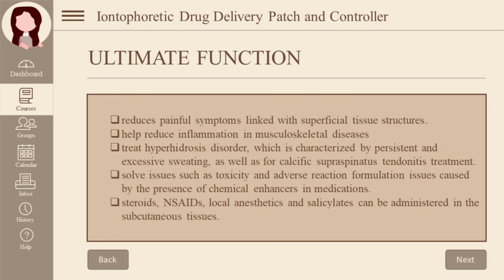Here are the functions of iontophoretic drug delivery patch and controller. It manages painful symptoms associated with superficial tissue structures by delivering anti-inflammatory medications deeper into the body's tissues. Iontophoresis is used to reduce inflammation that might be seen in musculoskeletal conditions such as lateral epicondylitis, medial epicondylitis, plantar fasciitis, tendonitis, bursitis, rheumatoid arthritis, and several enthesopathic conditions.